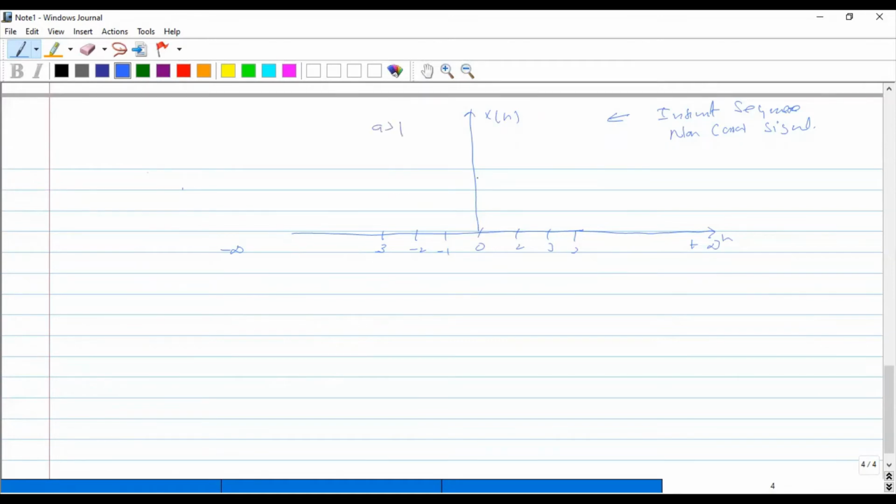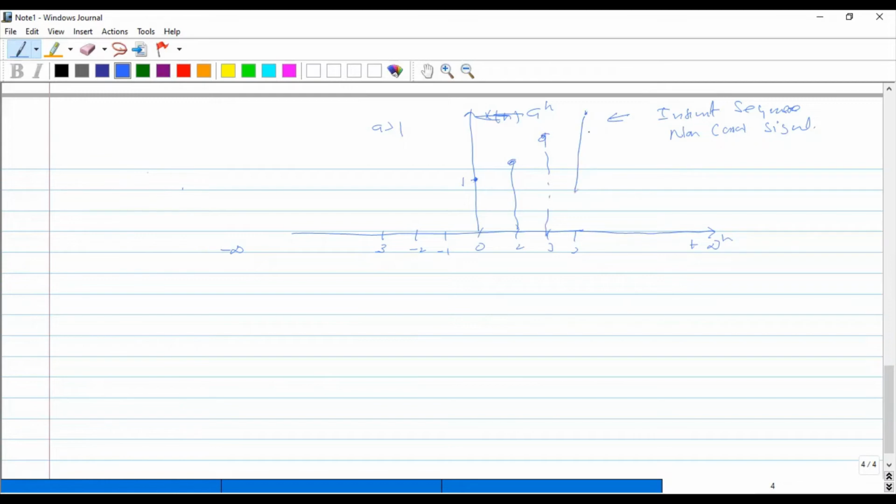At n = 0 we have a to the power 0, that is 1. And here a to the power 2 is a squared. If a is greater than 1, it is greater than the previous value. If n is 3, it is again greater than this, and at 4 it is again greater.